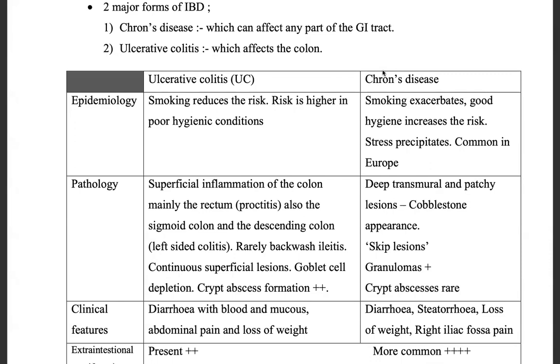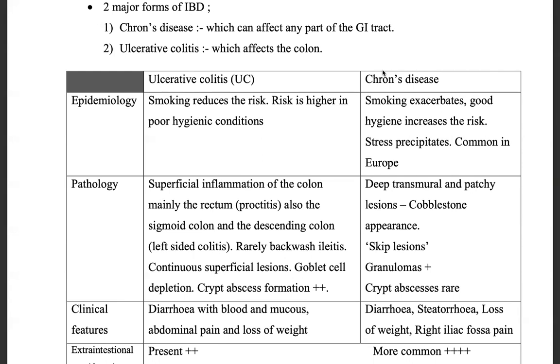Again, you get an area of inflammation, and then again an area without inflammation. And there are granulomas as well. Crypt abscesses are also present in Crohn's disease, but it is very rare, unlike in ulcerative colitis.